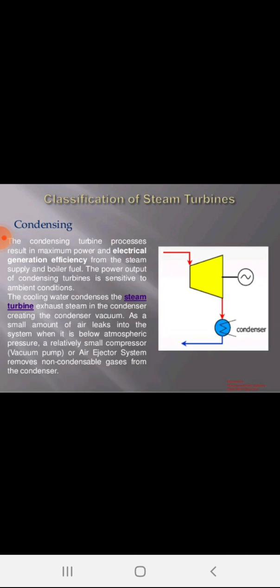Because of a small amount of air leak in the system when it is below atmospheric pressure, a relatively small compressor, vacuum pump or ejector system removes the non-condensable gases from the condenser.